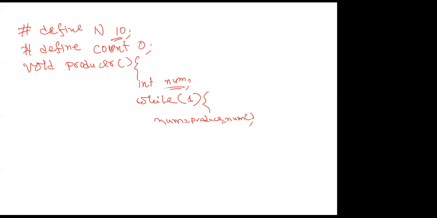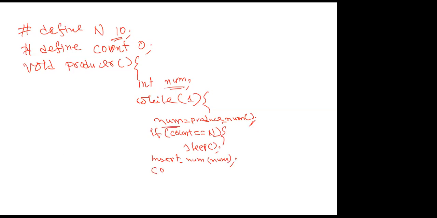Produce num, and then it will check if count equals N, which means the buffer is full, then it should go into sleep mode. This producer function should be in sleep mode. Otherwise, whatever number is generated in num, it will insert into the buffer.